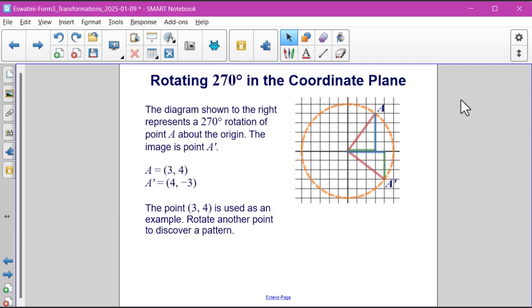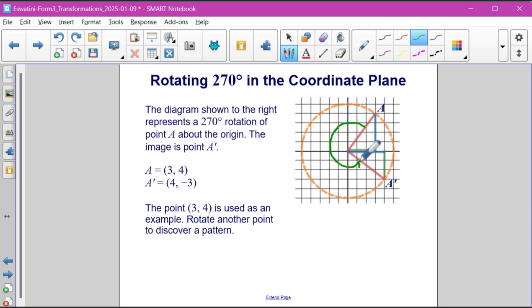Now let's discuss rotating a figure 270 degrees in the coordinate plane. The diagram shown to the right represents a 270-degree rotation of point A about the origin. The image is the point A prime. So we took each of these points and we rotated them 270 degrees anti-clockwise or counterclockwise about the origin.